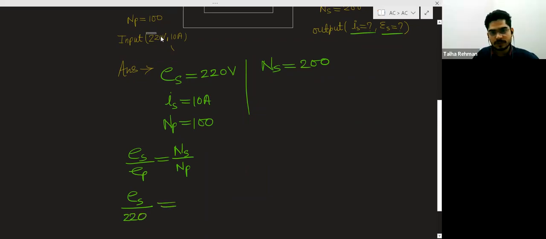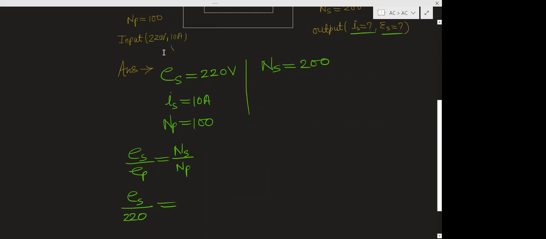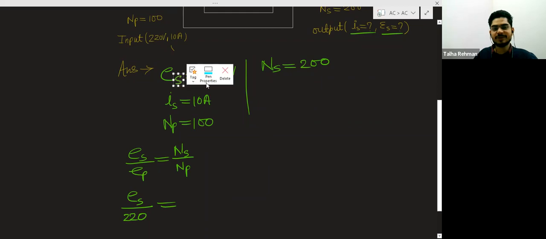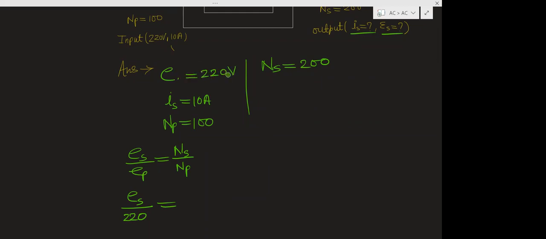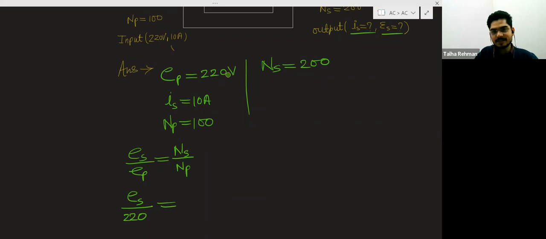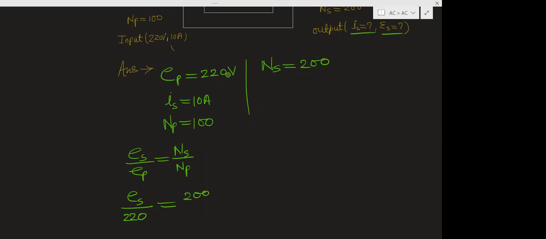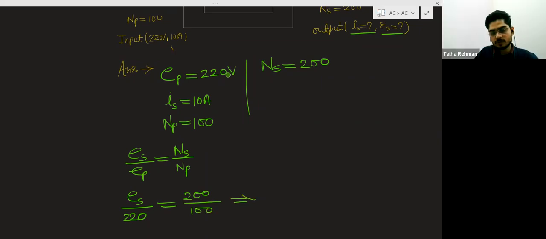This is the primary voltage. Sorry, I have written ES here. So it is 220. What is NS? 200. And this is 100. So when you cancel it out, you will get 2. So ES, you will get 440 volt.